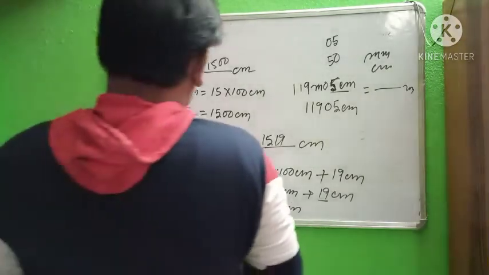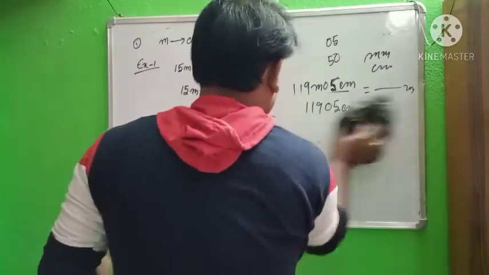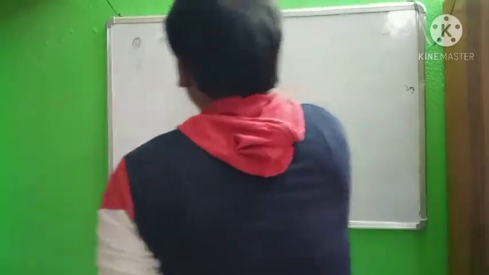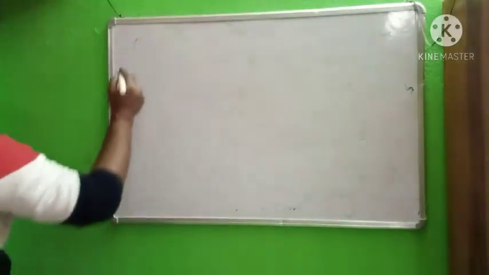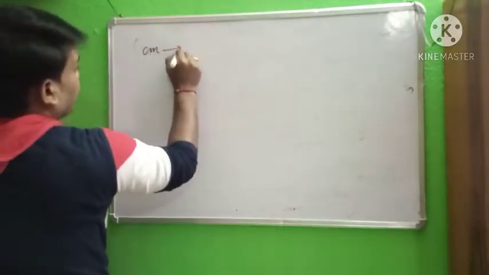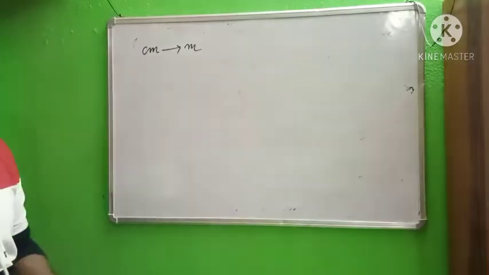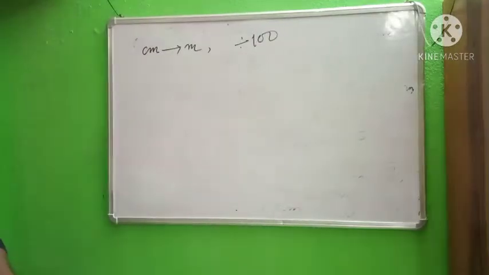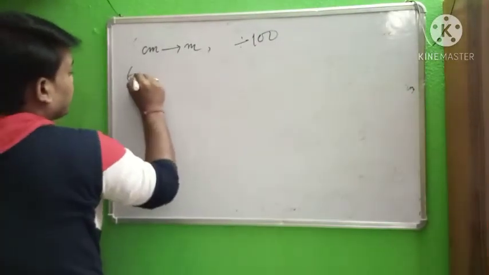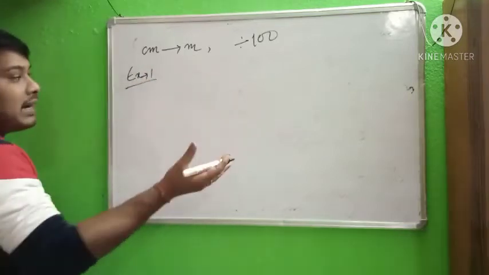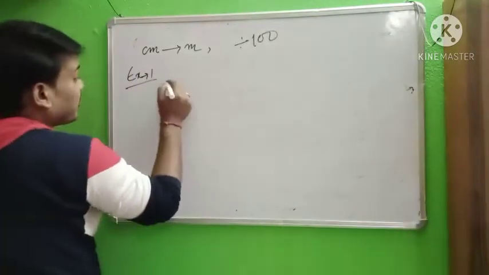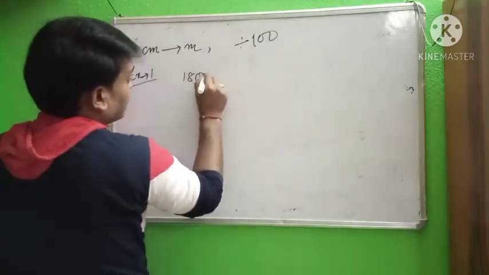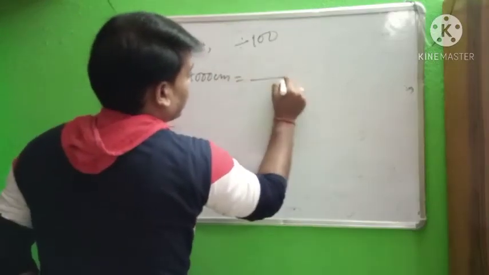Next, centimeter to meter. To convert centimeter to meter, we have to divide by 100. Okay, for example, if 00 is at the last, then there is no problem. For example, 18000 centimeter equal to how many meter?